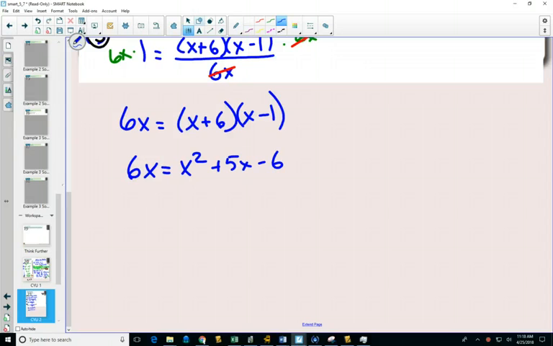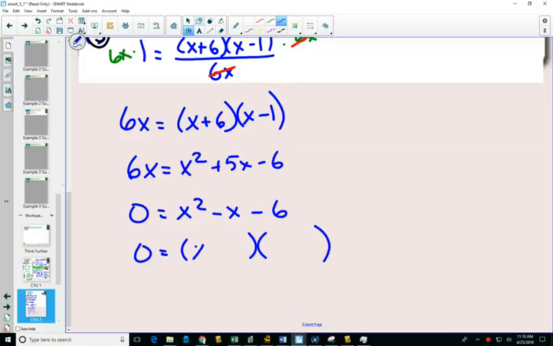So even though it was factored before, it wasn't equal to 0. We have to first make it equal to 0. And then we'd have to refactor it in order to solve. Minus 3 plus 2. X is equal to 3, and x is equal to negative 2.